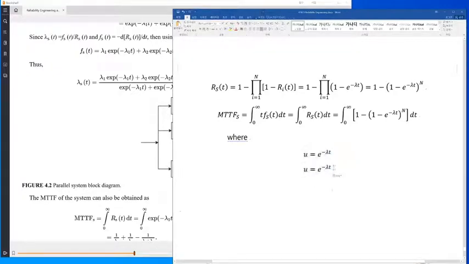Then du is given as, if we differentiate the right hand side, minus lambda exponential minus lambda t dt. So dt is given as du divided by minus lambda exponential minus lambda t.